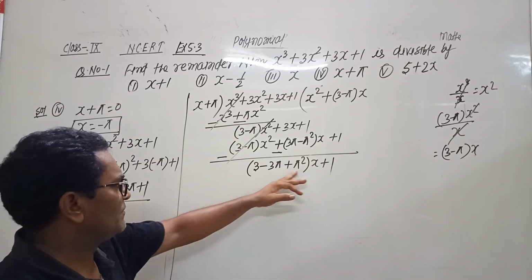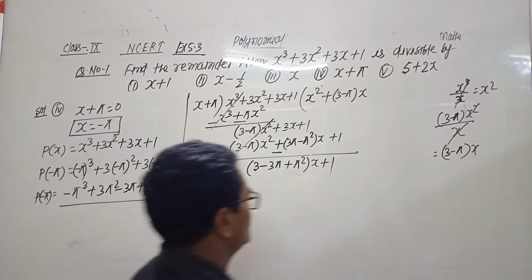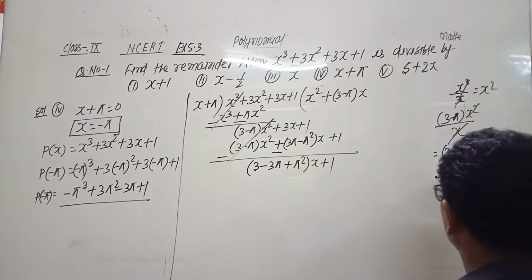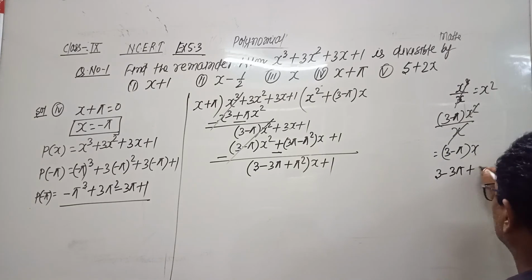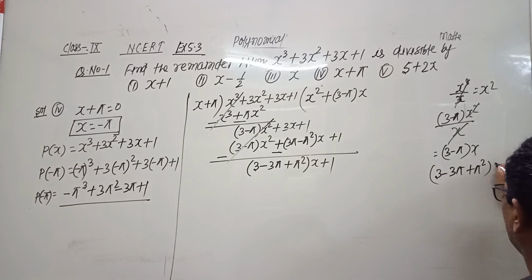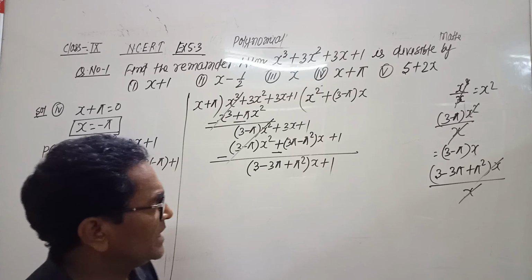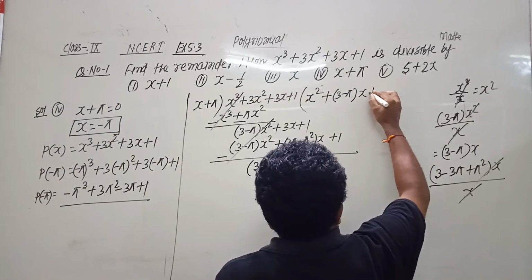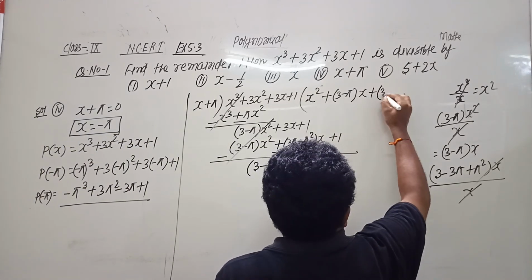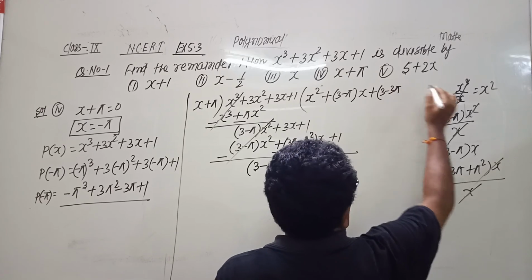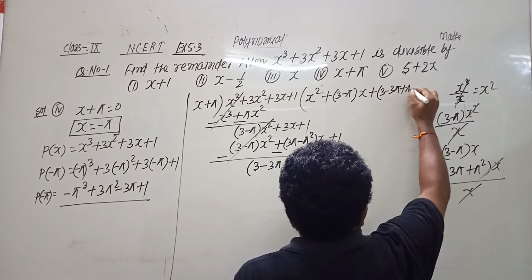Now divide the first term by x, so 3 minus 3p plus p square into x divided by x, so we get 3 minus 3p plus p square. Here we will write 3 minus 3p plus p square.